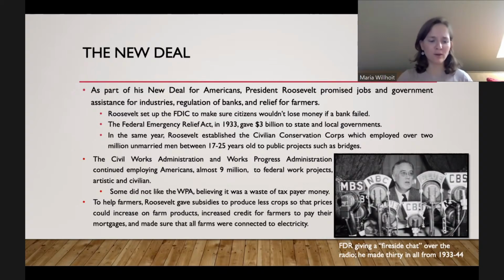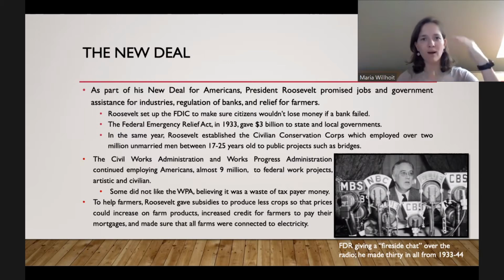And then finally, so Roosevelt sets up projects to help employ young men, but he also gives help to farmers. He gives subsidies to farmers to produce less crops, so the prices increase. And at first, this sounds counterintuitive: produce less crops, and then to give subsidies. That just means payments.